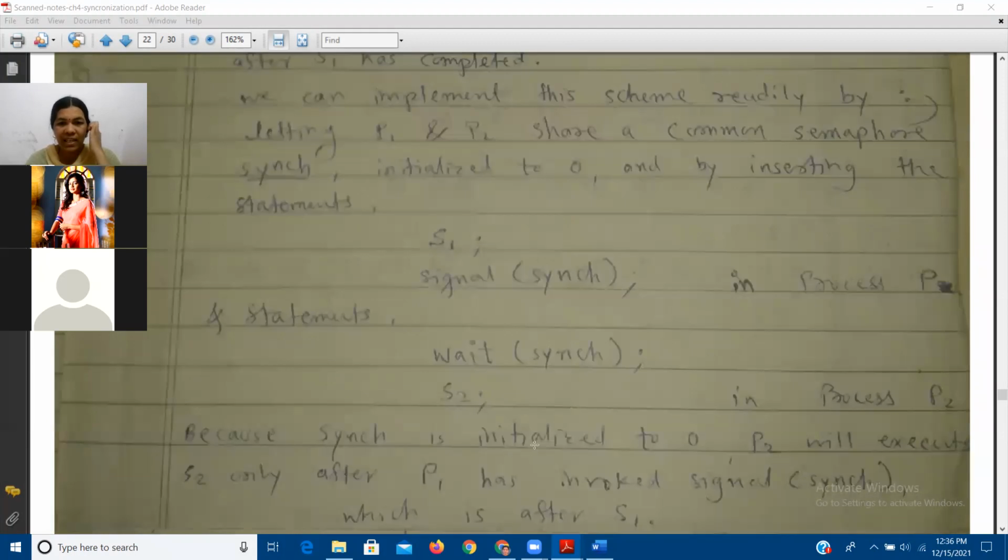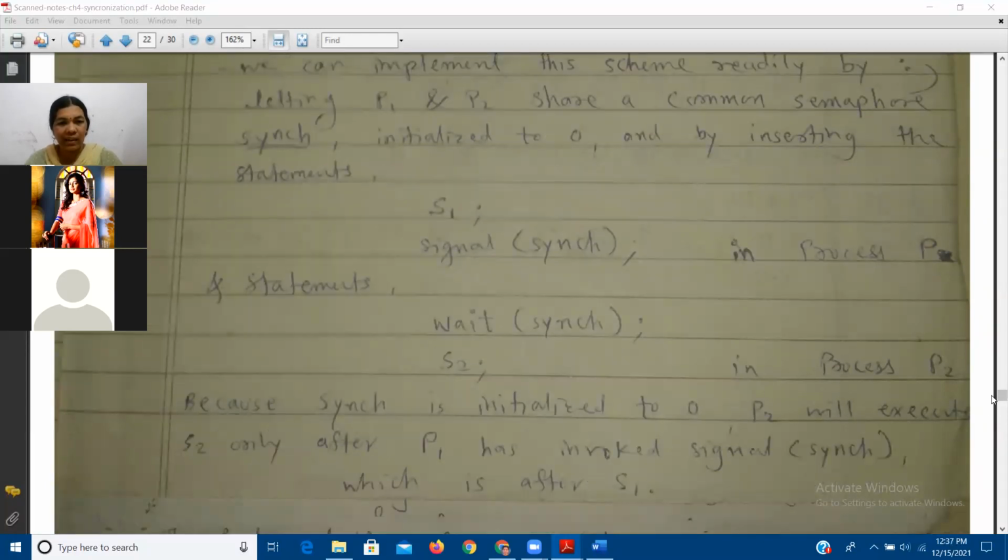Because sync is initialized to 0, P2 will execute S2 only after P1 has invoked signal(sync), which is after S1, right?